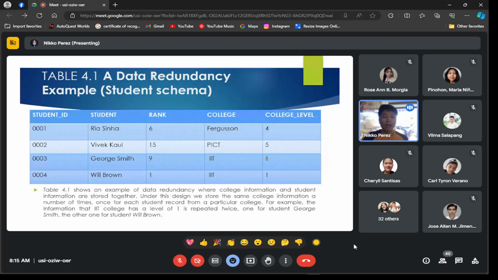If you have questions, feel free to make use of the raise hand button in your Google Meet. And if you don't have a microphone, you can simply chat your concern in our chat box. May I know if you don't have any questions before I proceed to another slide? Type 0 in our chat if you don't have any questions at all.